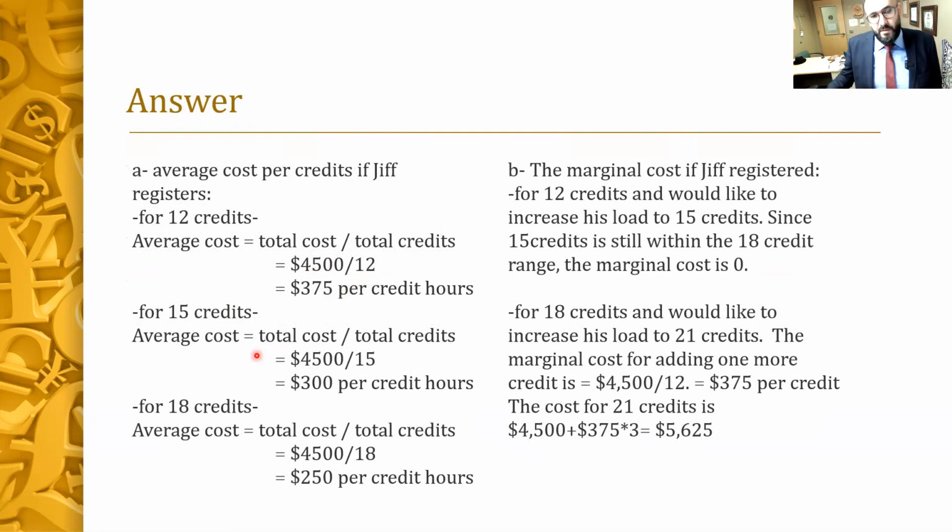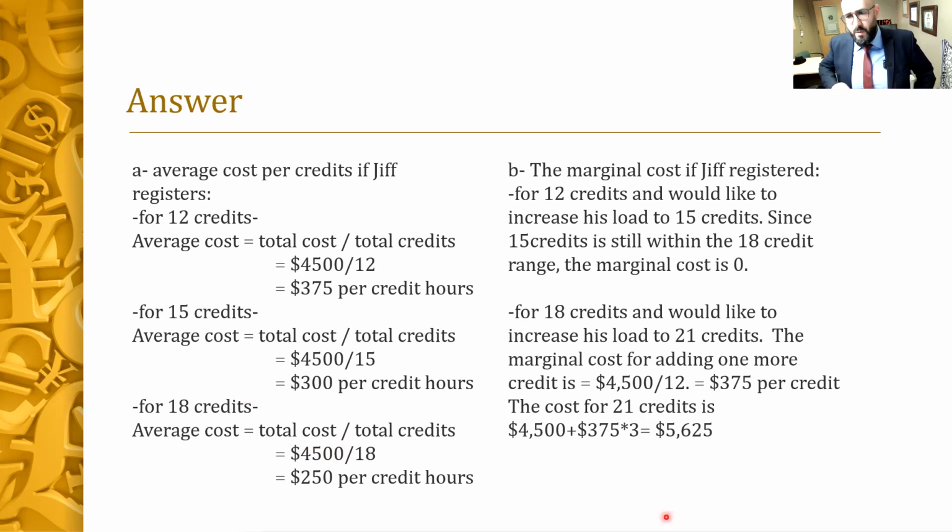Now if Jeff registers for 15 credits, that would be the total cost 4,500 divided by 15 credits. That will give an average cost of $300 per credit. For 18 credits, the average cost would be the total cost, 4,500, divided by 18 credits. And that will give you $250 per credit hour.